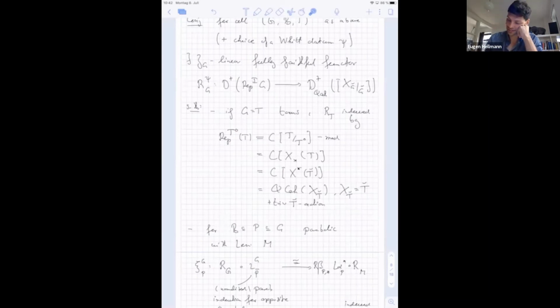But it's not clear whether it preserves this full subcategory here. So okay, to be correct, I should say it's clear whether it does this, but the answer is no. So it does not. I only have to think whether it already happens if you just take G-check representations.